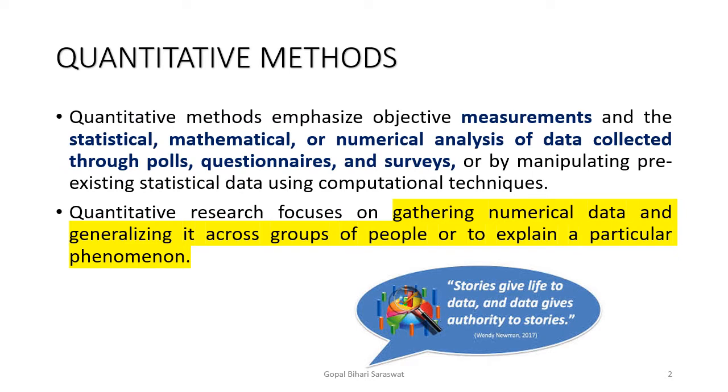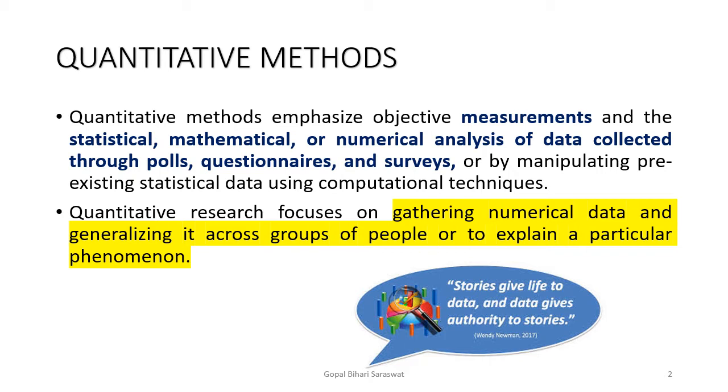Quantitative methods emphasize an objective measurement. The measurement in quantitative methods generally looks for statistical methods, mathematical methods, numerical analysis of data, and questionnaire data which you have collected during the course of a survey.